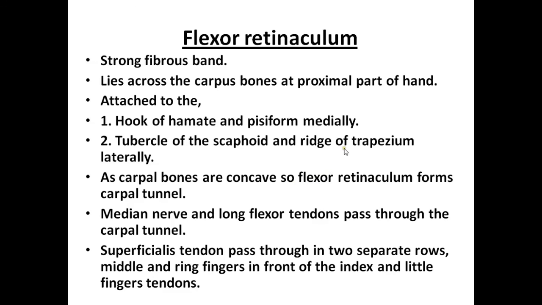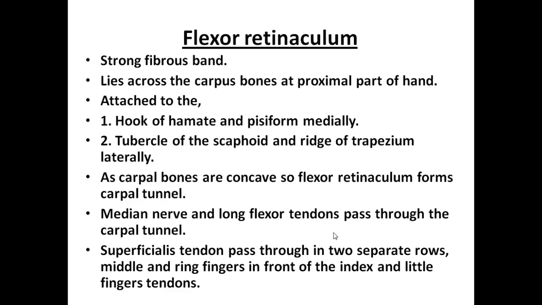So it acts as a handcuff, or a wristband around the anterior aspect of the forearm, keeping the tendons in their place and allowing mobility within the anterior compartment. The median nerve and the long flexor tendons pass through the tunnel formed by the flexor retinaculum.